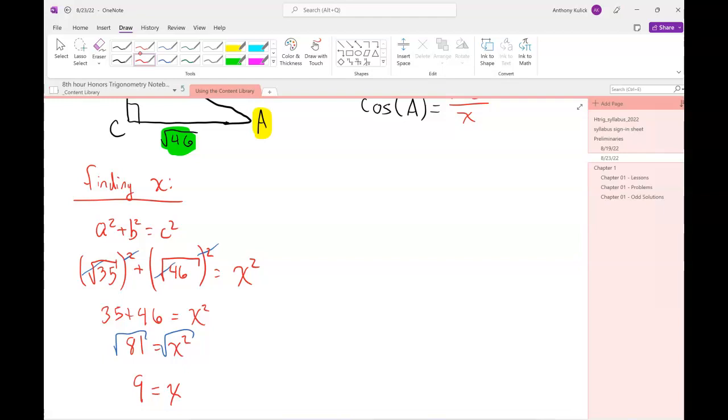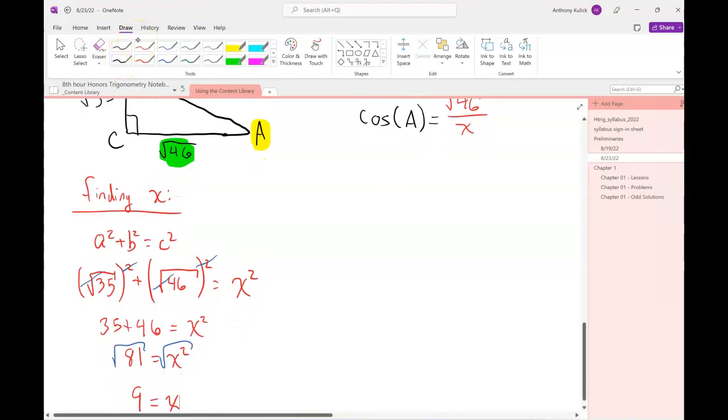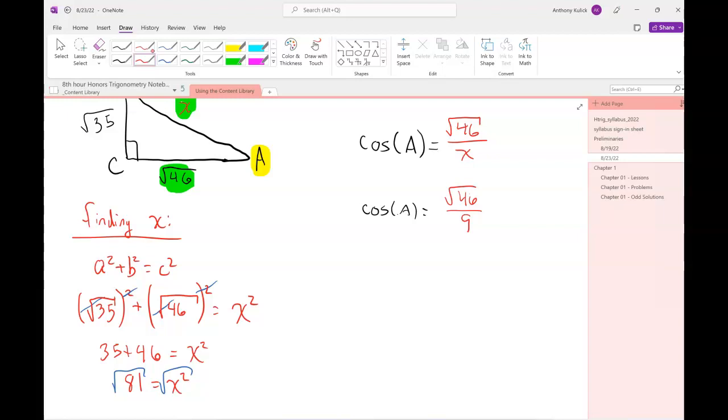Everybody's happy? So my final answer here, depending on the directions, would be cosine A of square root 46 over 9. Now, if it asked for this rounded to 2 decimal places, what would I do? Just type that into my calculator, right?